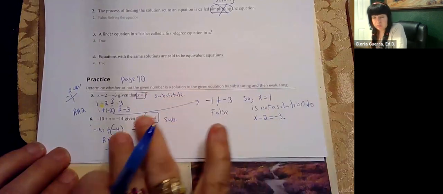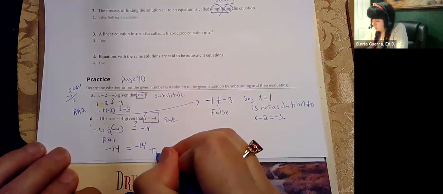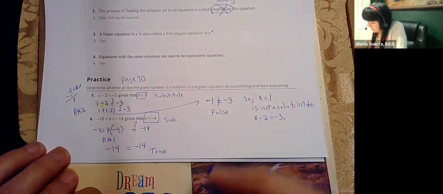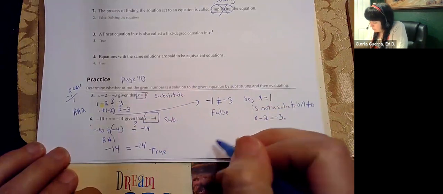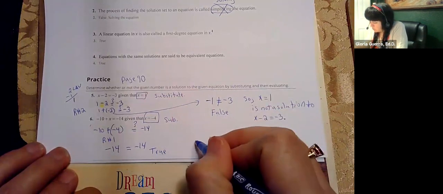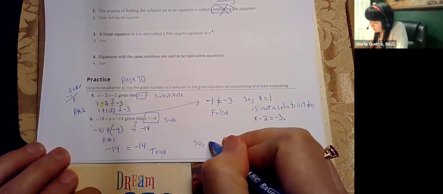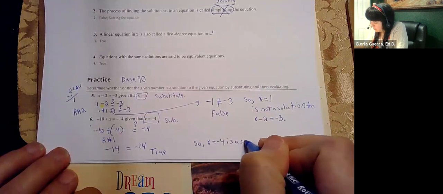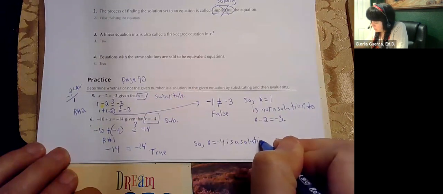You know it's going to be true, T for true. And so this means that your solution x equals -4 is a solution.